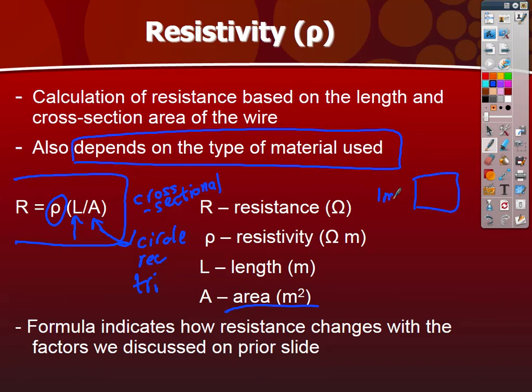If the wire is 1 millimeter by 1 millimeter, find the resistance if you know the length and resistivity. You would have to find the area, which you would just multiply the two sides. Again, when we get to the formula, everything has to be in meters, so meters squared. You would have to convert that before multiplying it. But that tells you about the resistance of the object itself.